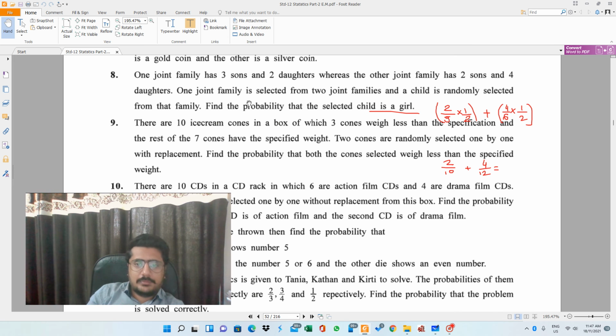One joint family has three sons and two daughters, whereas the other joint family has two sons and four daughters. One joint family is selected from two joint families and a child is selected from that. Find the probability that the selected child is a girl.